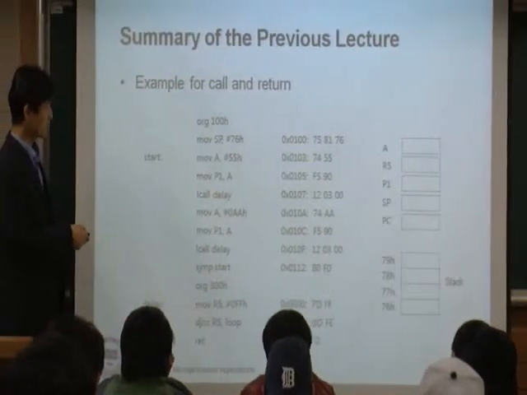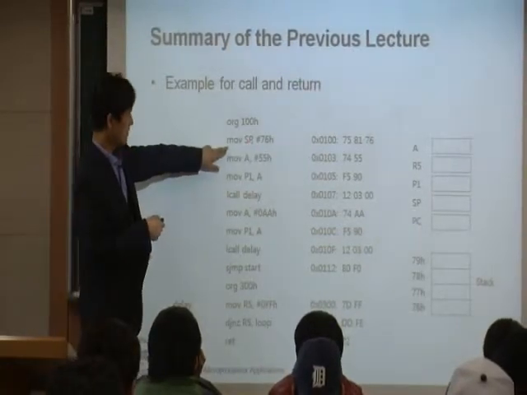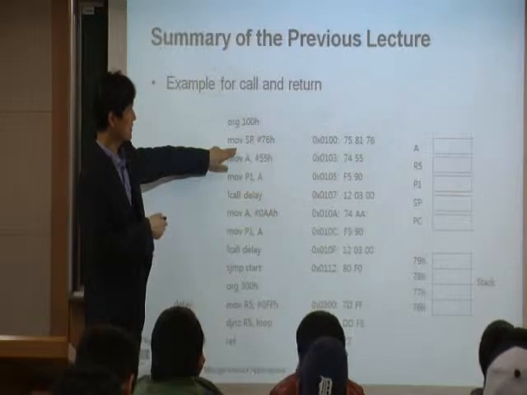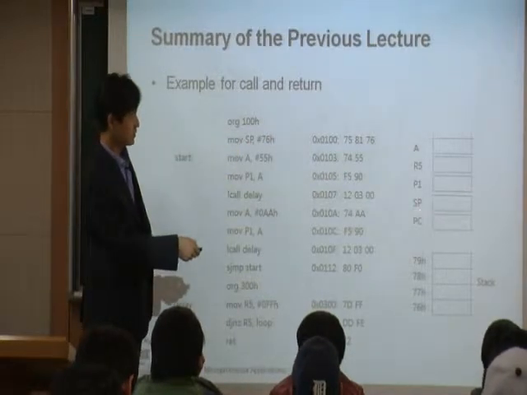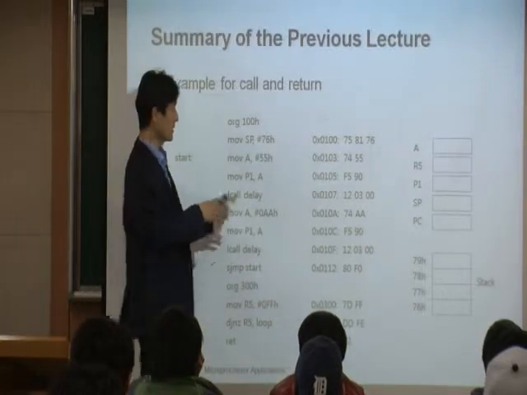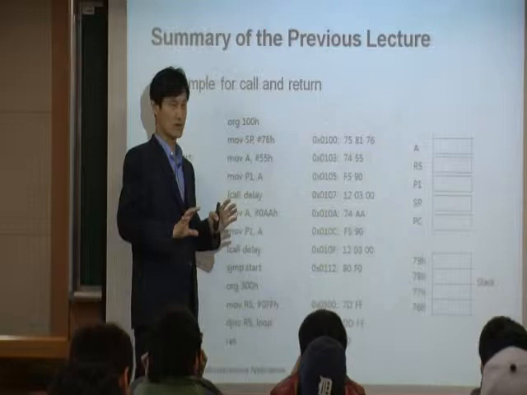Okay, let me repeat one thing. Let's look at this one. Let's put this 76 into the stack pointer. Then you have the value 76 here, and remember that 76 is the bottom of your stack right now.